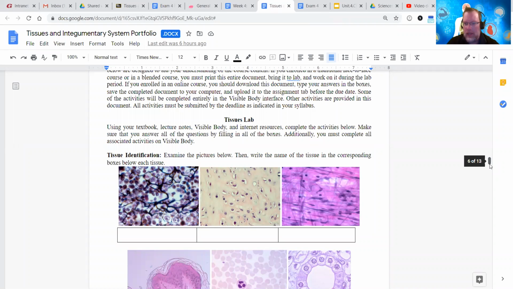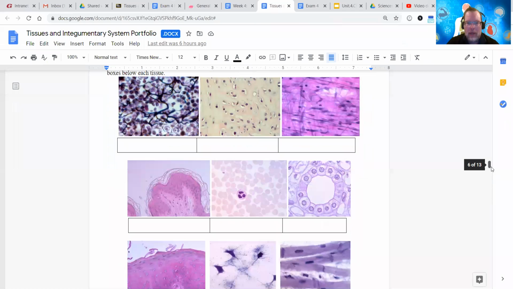Now, this area here is where you might run into a couple of issues regarding, is it this or is it that, or is it this, that, or the other? Maybe you're going to be stuck with 3 or 4 different items. So as you go through and do your visible body lab, you're going to maybe want to have this out as well.